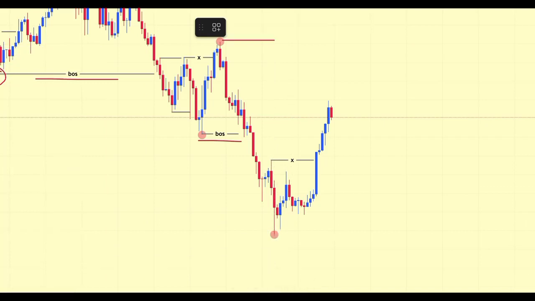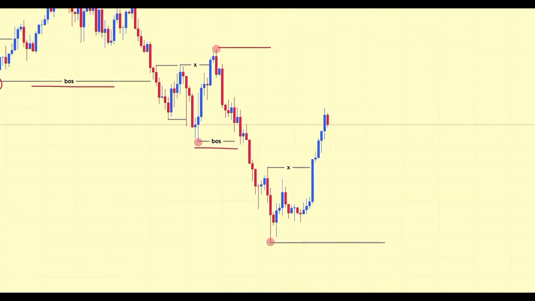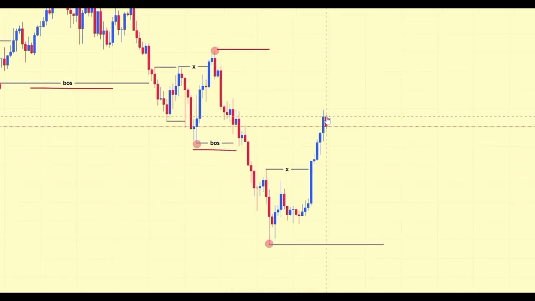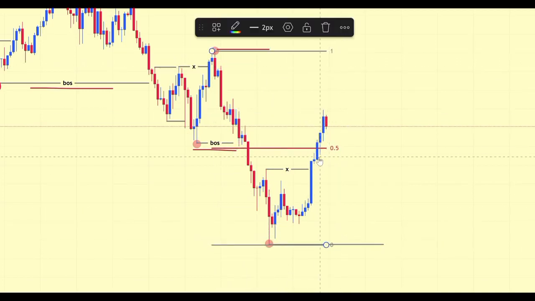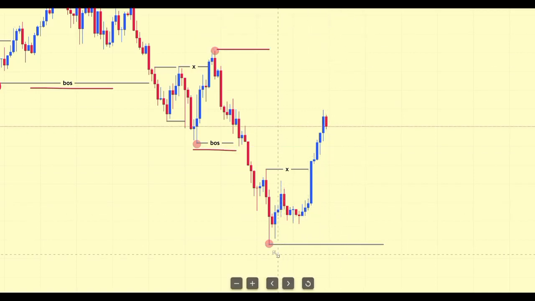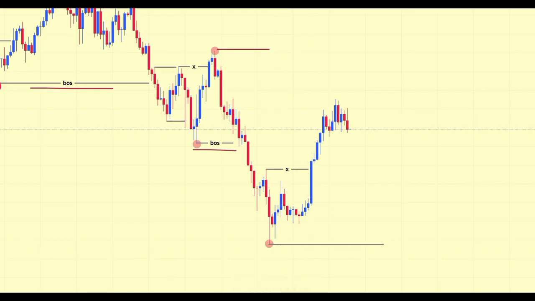If price reverses back and breaks past this swing point low, we have just confirmed a bearish break of structure. We can clearly see the retracement is already deep, probably past the 50% of our trading range. If I measure this, we can clearly see the retracement is already past the 50% of our dealing range. So if price now reverses and breaks past this one here, this will be a valid break of structure.